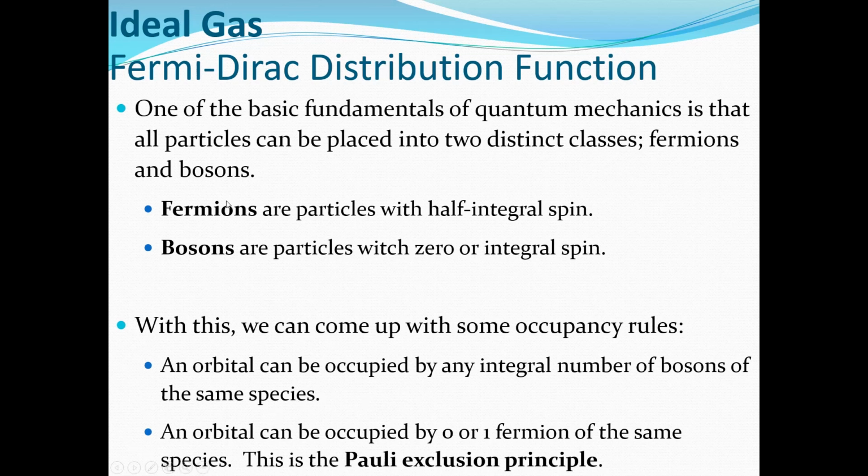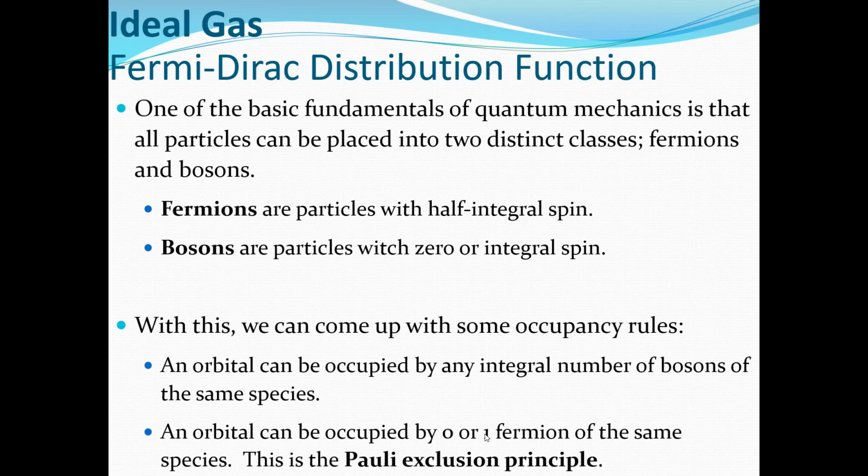However, because of the spin nature of the fermions, it turns out that an orbital can only be occupied by either zero or one fermion of the same species. And this is what we call the Pauli exclusion principle. Now, I wanted to clarify this a little bit more, that when we say of the same species, we specifically mean spin up or spin down.